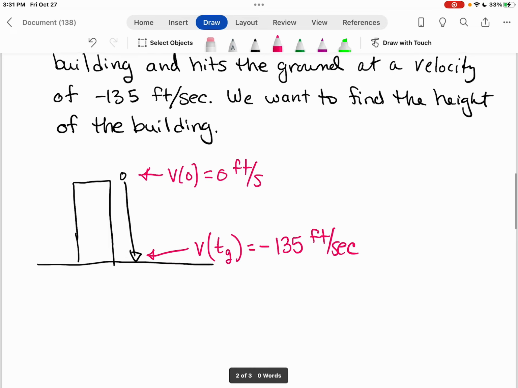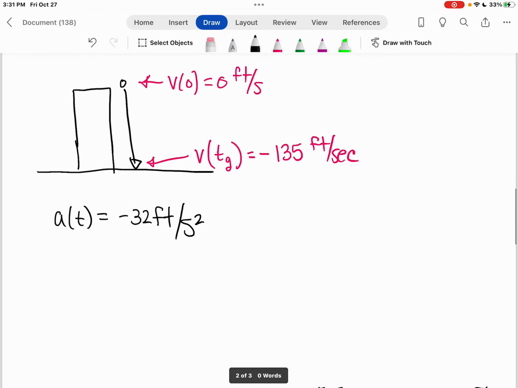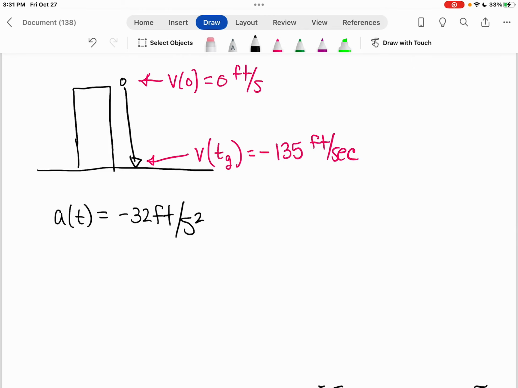Okay, now, one more thing that we need that the question doesn't directly tell us, but we know that the acceleration due to gravity is negative 32 feet per second squared. All right, so we're going to use the idea of the antiderivative to find the height function, because the idea of this question is we want to find the height of the building.